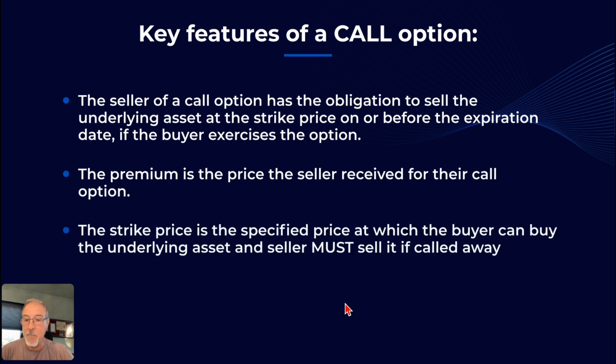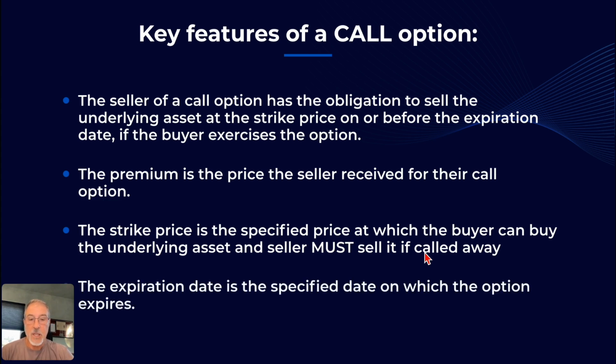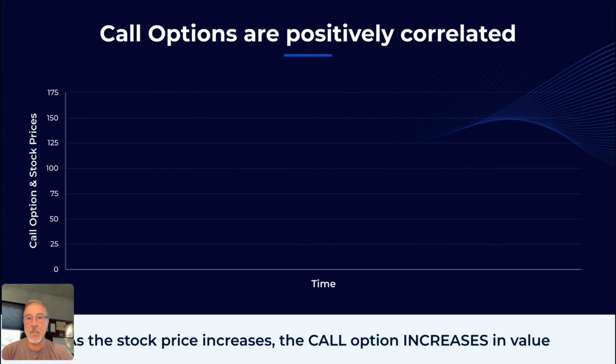The price that I paid is the maximum loss that I can suffer on that particular trade. The strike price is the price at which the buyer can buy the underlying asset, and the seller must sell it if called away. In the case of Apple, it was the $100 strike price. In the case of the house, it was the $500,000 price. The expiration date is the specified date on which the option expires.